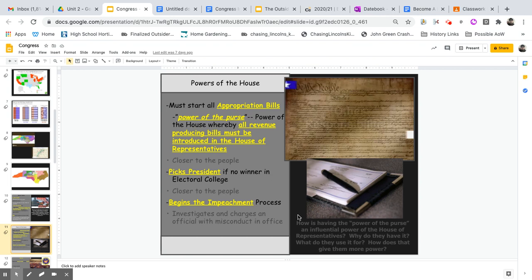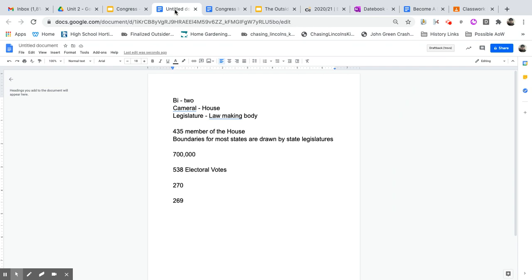Another thing I'll keep referencing: the House begins the impeachment process. And we saw that last year too. I'm going to keep talking about this when I get to the Senate, but we've had 3 presidents be impeached. I think I spelled that wrong, but oh well. We've had none convicted. Last year, we had a president be impeached. Donald Trump was impeached.